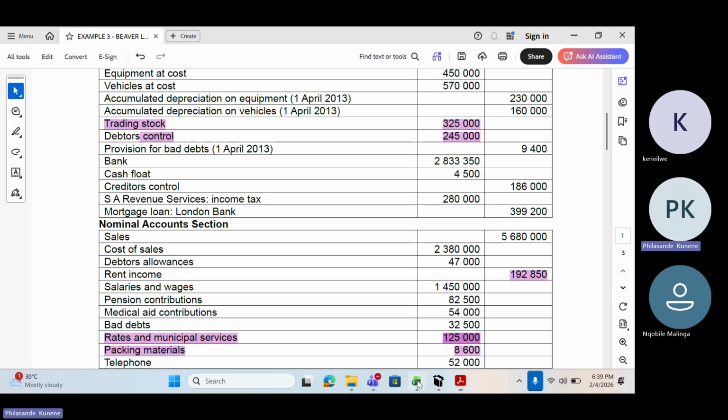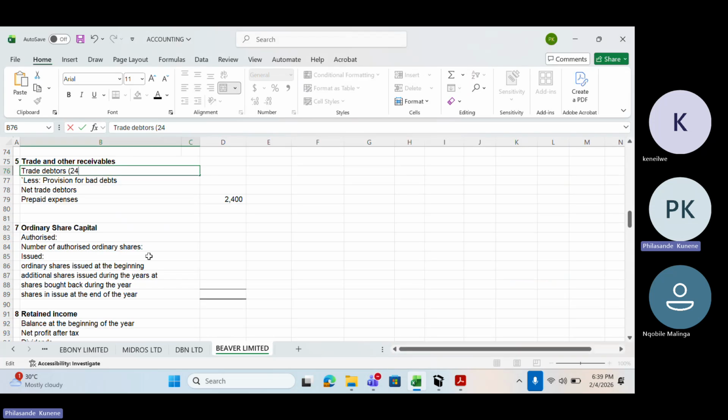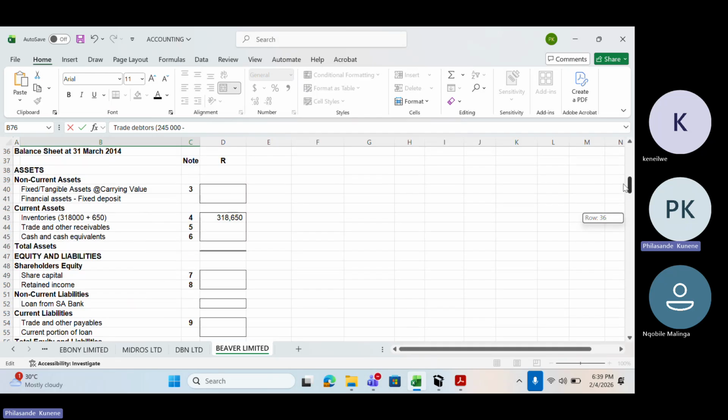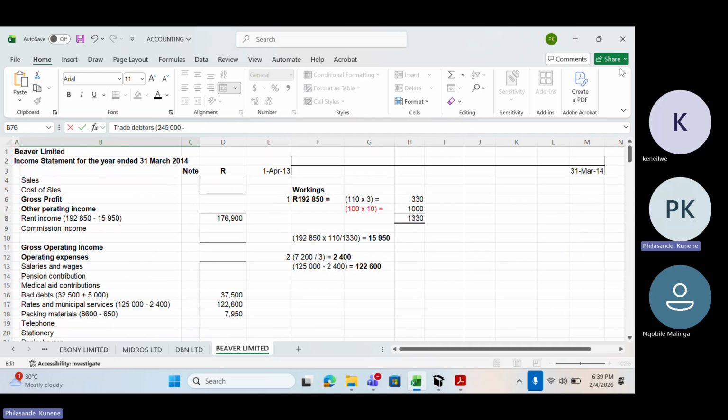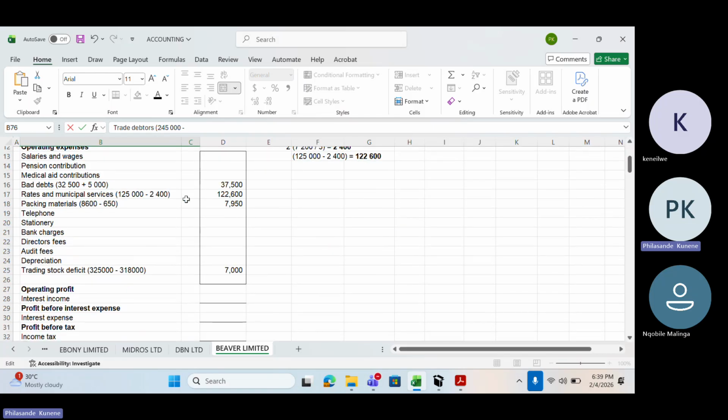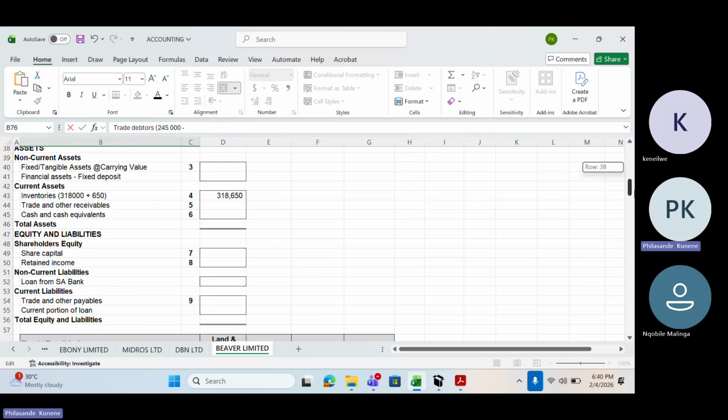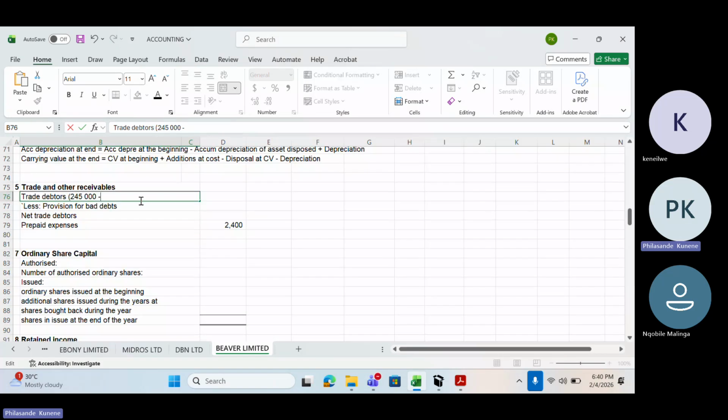Then I'm going to subtract 245,000 minus that 5,000 rands, because the transaction is affecting both the income statement and the balance sheet. So this 5,000 rand that I've added as part of bad debt, I need to subtract from my debtors control. So I need to go to my note and say minus 5,000 rands here.